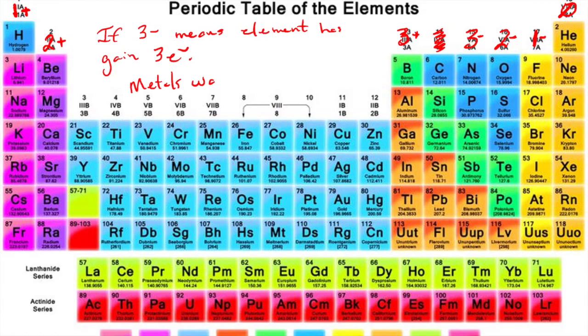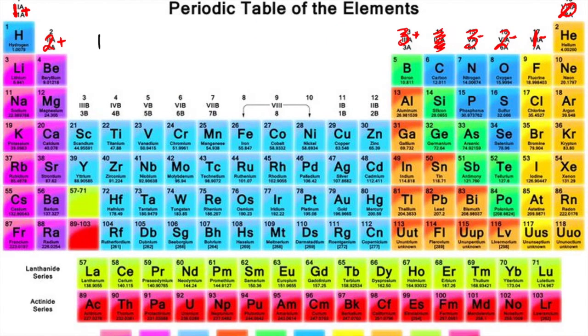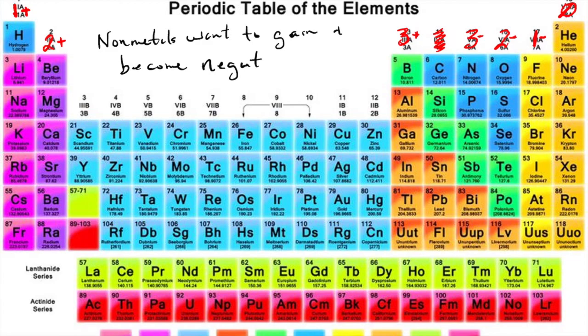So anything that wants to become positive will lose electrons, which is a metal. Anything that's a nonmetal will want to gain electrons, and they will become negative when they do.